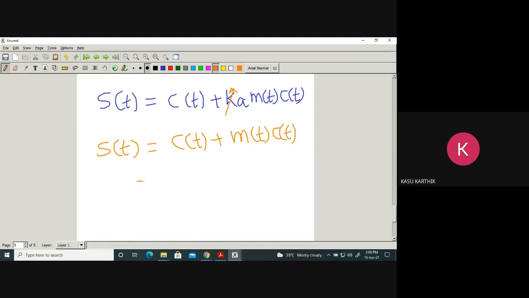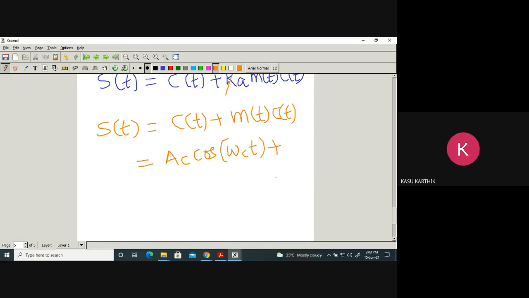We substitute c of t, that is Ac cos omega ct, plus m of t. Let us take a single tone signal, then m of t equals Am cos omega mt into again c of t, that is Ac cos omega ct.